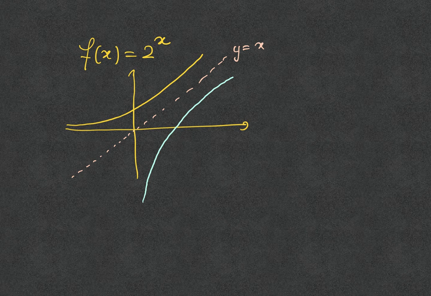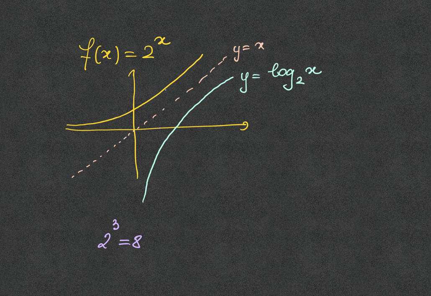They are reflected. The graph is called logarithm in the base 2 of x. And it's an inverse of 2 to the power of x. Let's see what it really means. Let us look at, for example, 2 to the power of 3, which is 8.